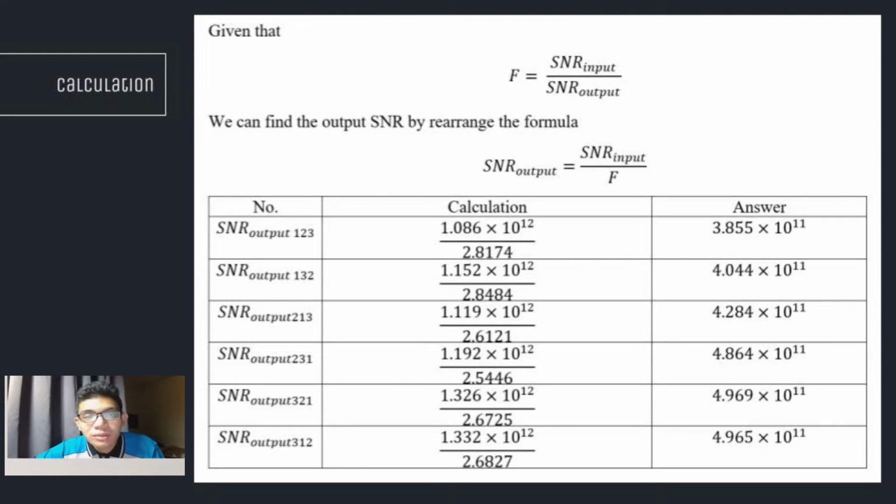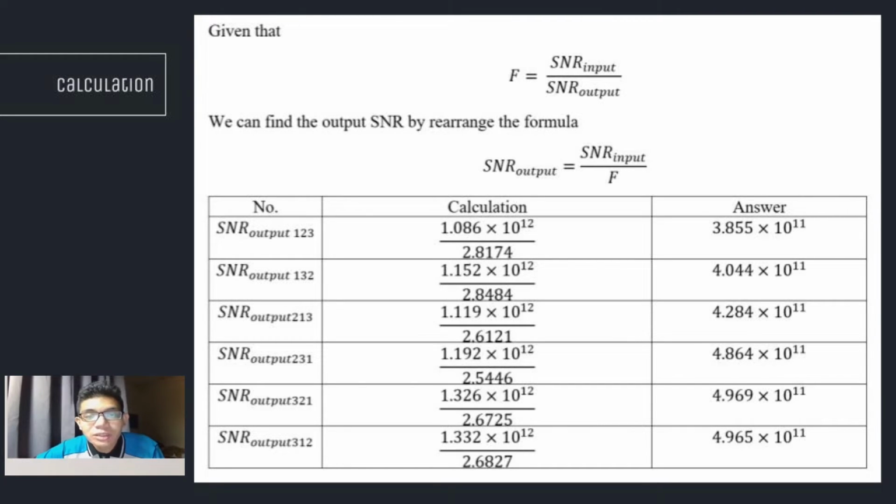And then for number 5, we can find the signal to noise ratio for the input by using the formula Ps over Pn. As we know, Ps is the input signal power, while Pn is the input noise power. Okay, so after we find the input noise power for each arrangement of the chambers, we have found F, so we can use it.